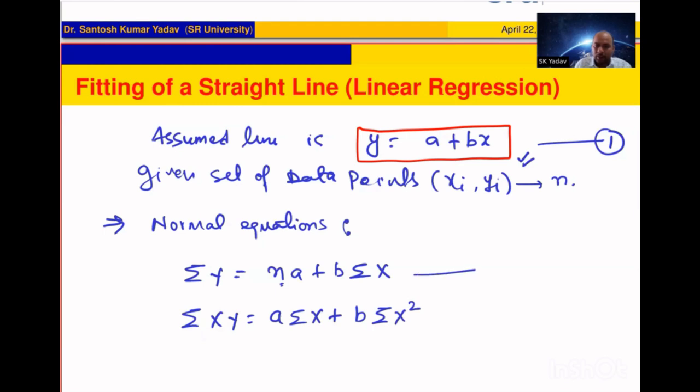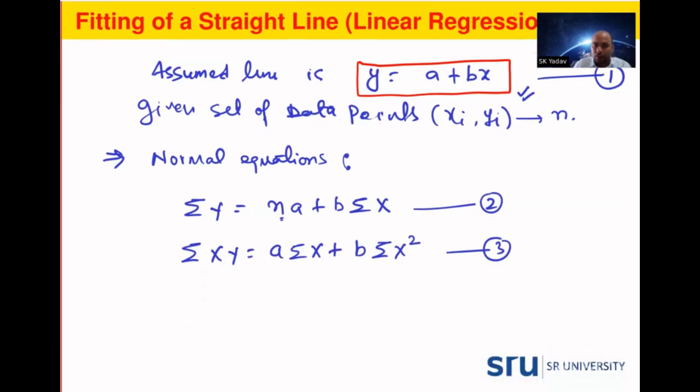So here the equation numbers I can write as 2 and 3. So our task is now to solve these 2 and 3 for a and b.